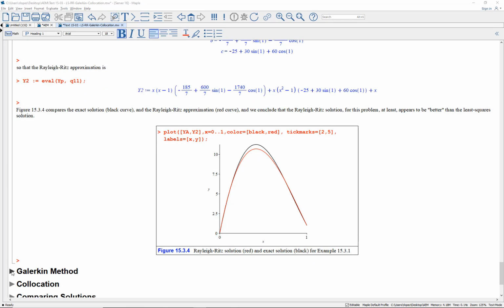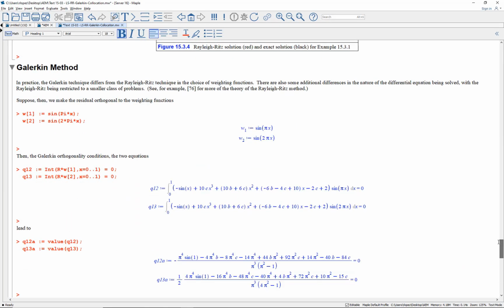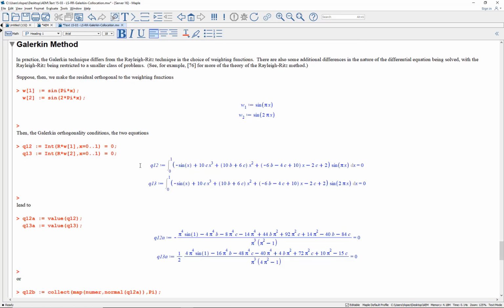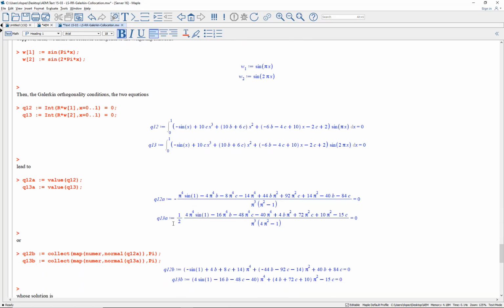What happens in the Galerkin technique? What do we make things orthogonal to in Galerkin technique? You pick orthogonal functions. You take functions which themselves are orthogonal. So you have a wide range of choices for what you do here. I've just chosen two trig functions, orthogonal on 0, 1. The orthogonality conditions then are these two integrals.